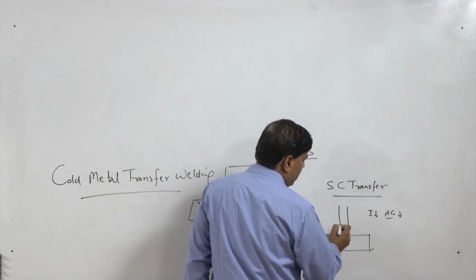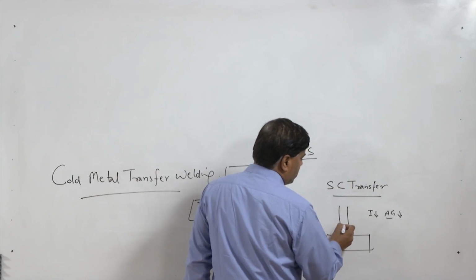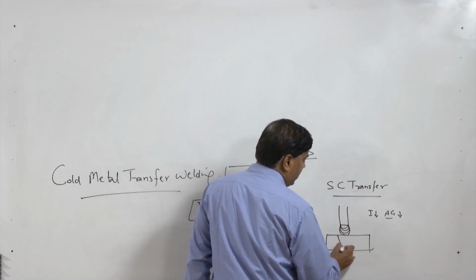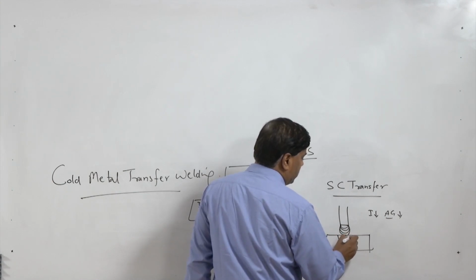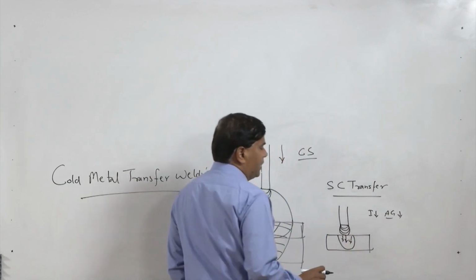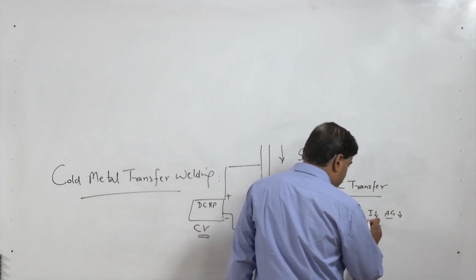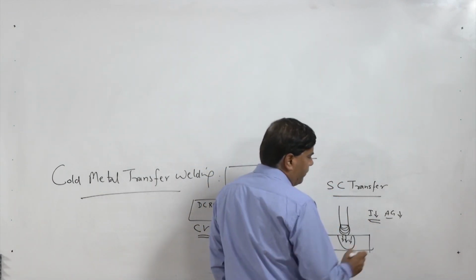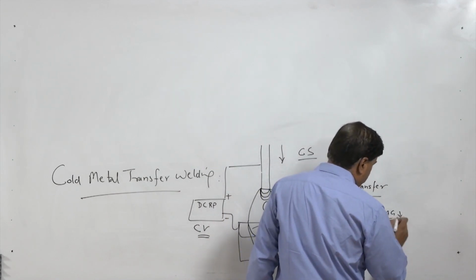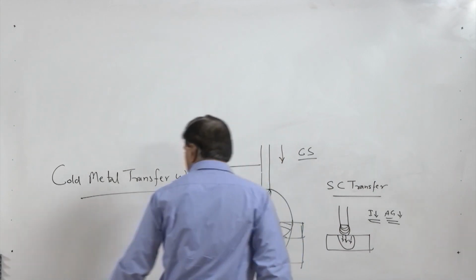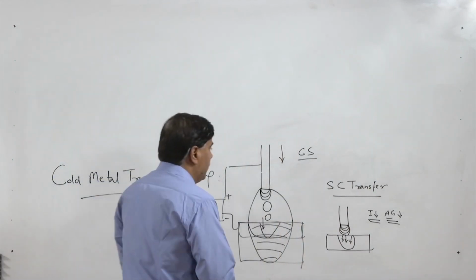The drop grows gradually, and as soon as it grows large enough, it touches the pool, and by the surface tension effect the drop gets transferred to the pool. This is called short circuit transfer. In this case, the welding current is very low and the arc gap is also very small.